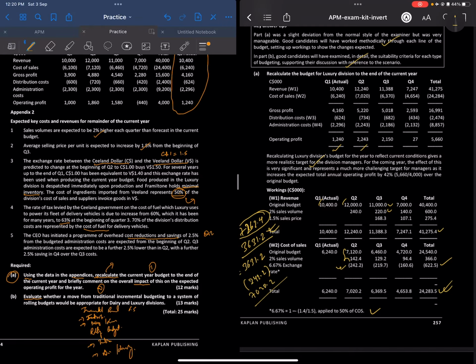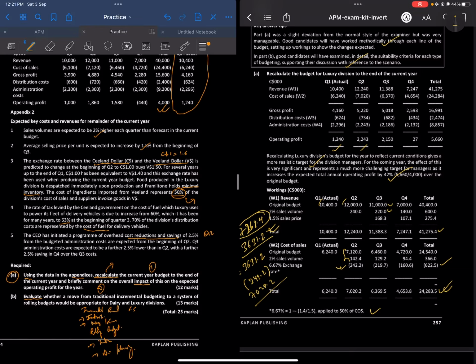For the coming year, the effect of this is very significant and represents a more challenging target for the manager, as it increases the expected annual profit by 42% from 4,000. So it's going to be more challenging for them.